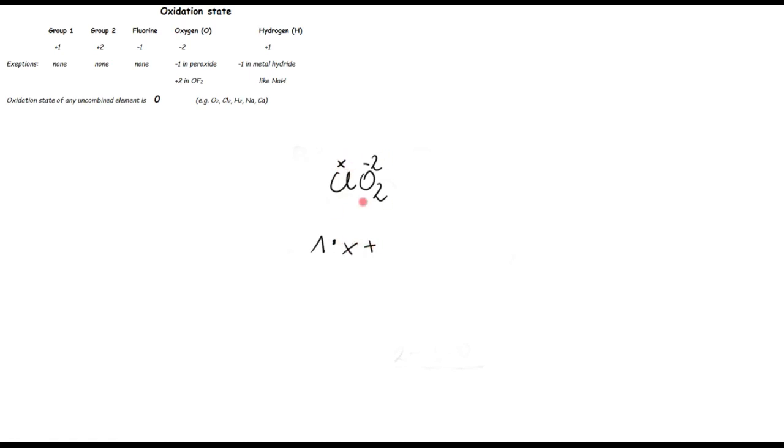and add the sum of the oxidation states of all atoms of oxygen present in that molecule, so it's 2 multiplied by -2. The overall charge of the molecule must be equal to 0.